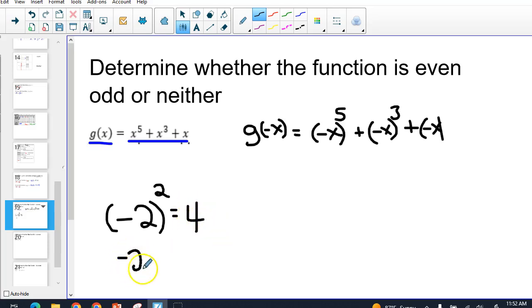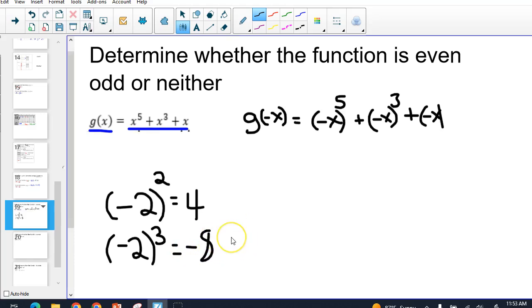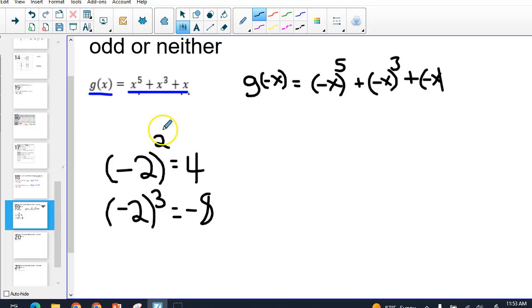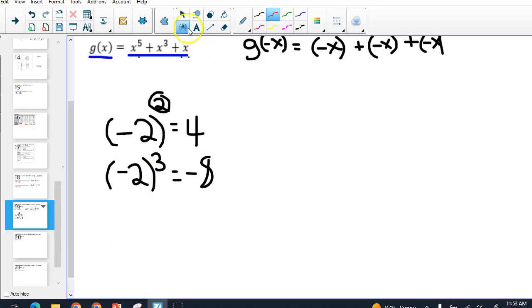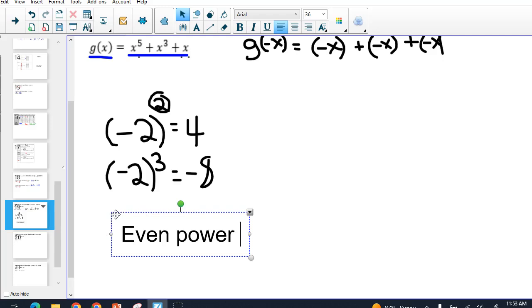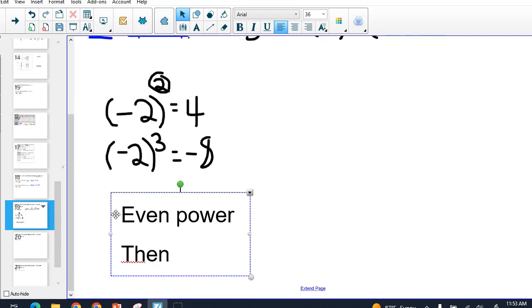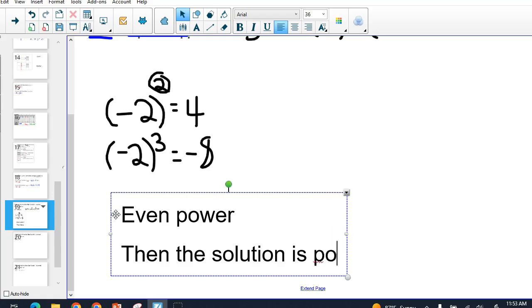But if I have negative 2 to an odd power, like 3, then we have negative 2 times negative 2 times negative 2, which will give us negative 8. So as a general frame of reference, if I have an even power, then the solution is positive.